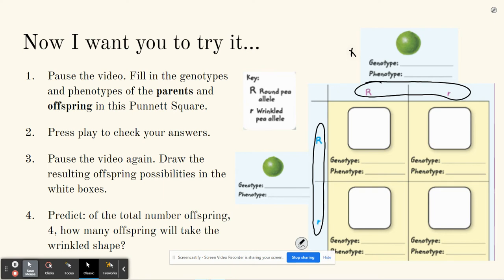What is the actual physical appearance given the genotypes I have given you on the top and side of this chart? Then I would like you to go ahead and drop the top allele down, bring the side one over to fill out all 4 of these boxes. Record the genotype, which will be our letters, and the phenotype, what we think it's actually going to look like. And then you can go ahead and press play. So go ahead, pause the video, record the genotype and phenotype for both the parents and all 4 offspring.